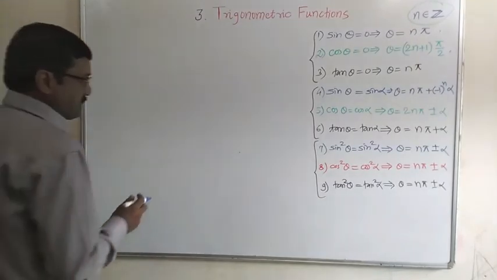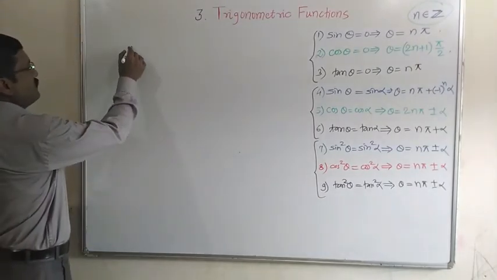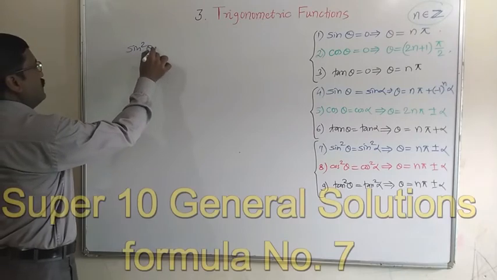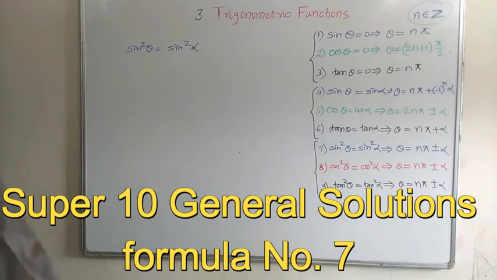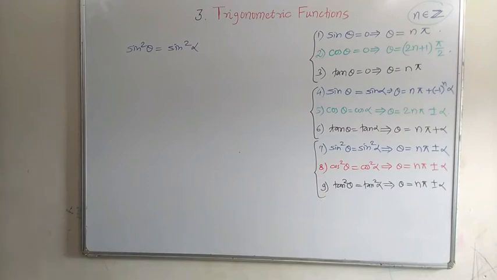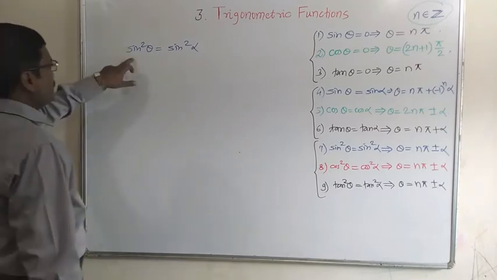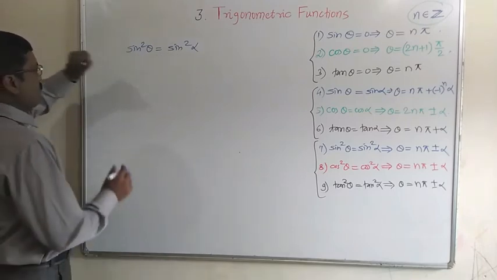So this is result 7, sin square theta equal to sin square alpha. Here sin square theta minus sin square alpha is given. Now in this result we will write sin square or cos square in terms of cos 2 theta.